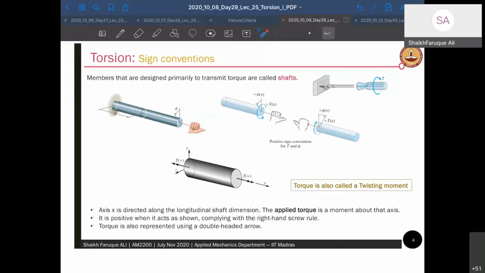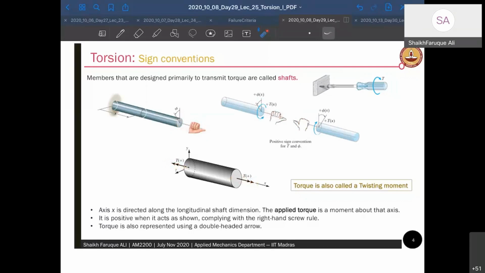So both this one and this one are positive torsional vectors. This one is also a positive torsional vector because they are all going away from the cross section. The cross section is going outside.